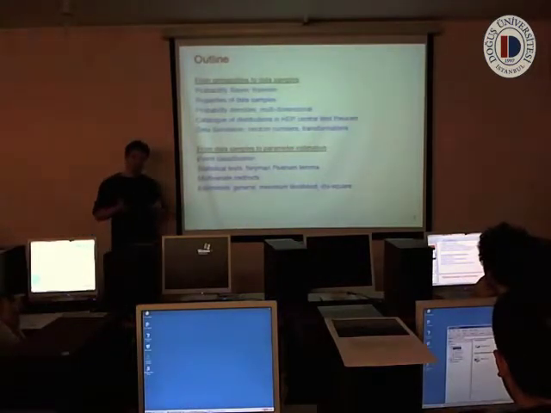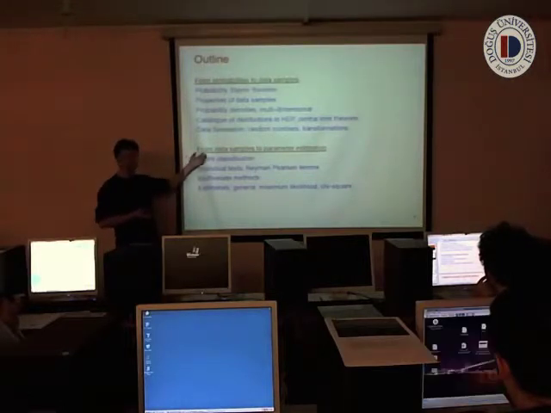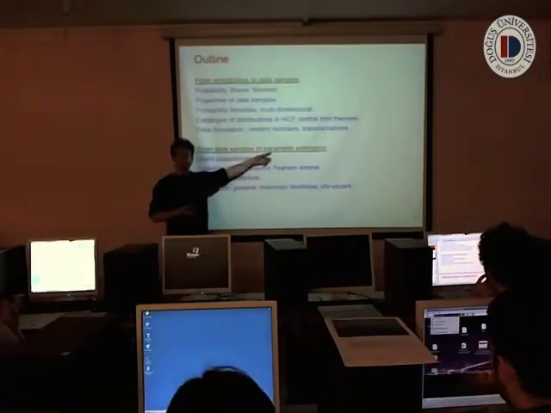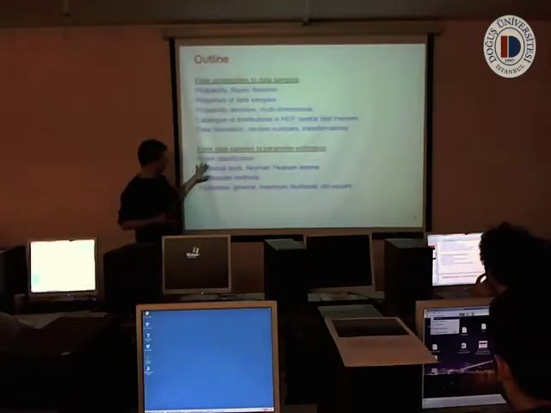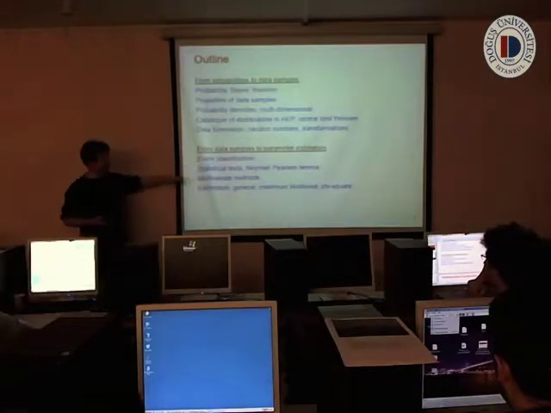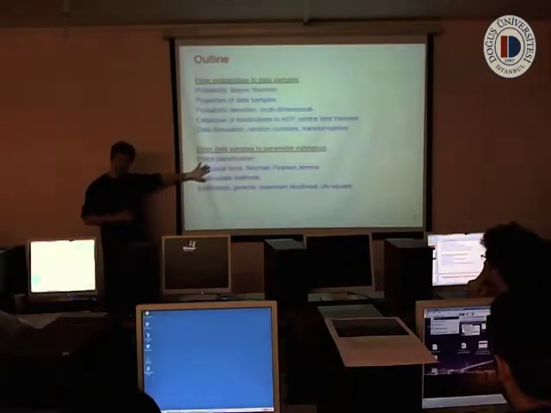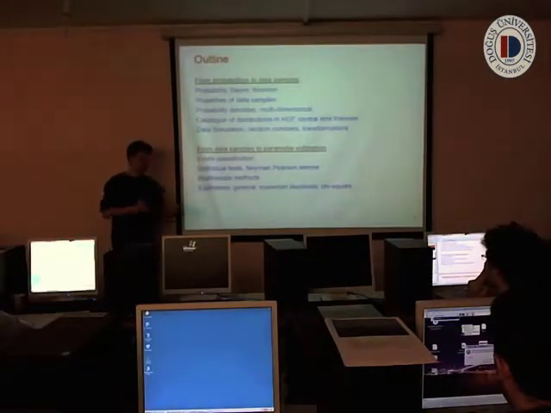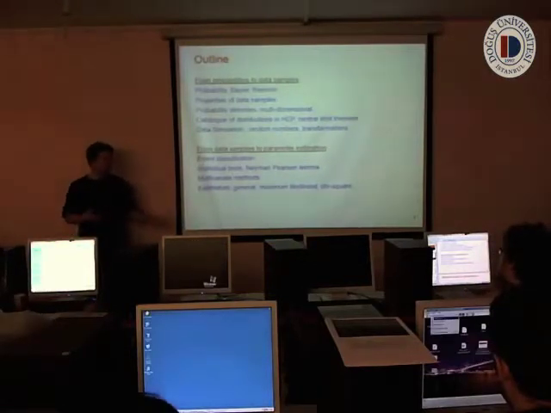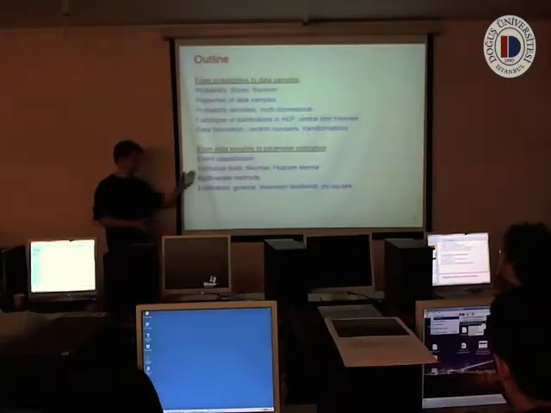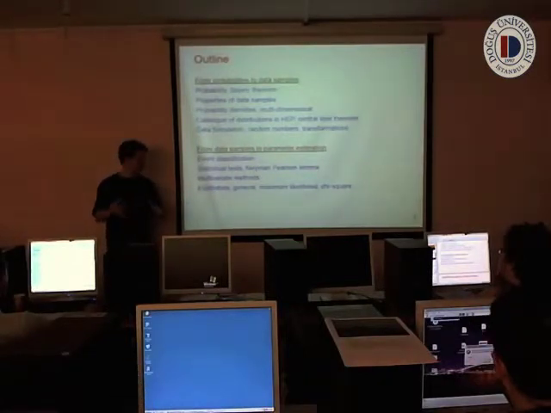So the second part of this lecture is how you get from the data samples back to the parameters of the original distribution. That's what's called statistical analysis. This consists of two parts. First is event classification. That means you have a data sample, but you want to purify it. You want to throw out the background and keep the signal. So you want to classify the signal from the background.